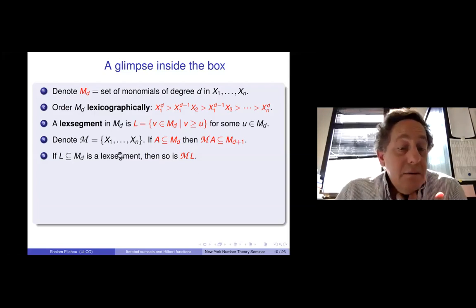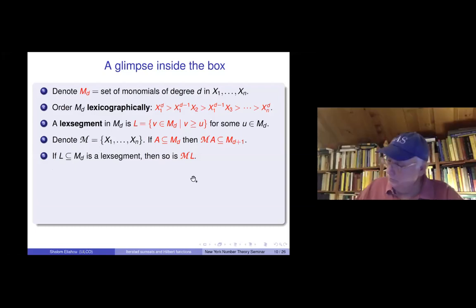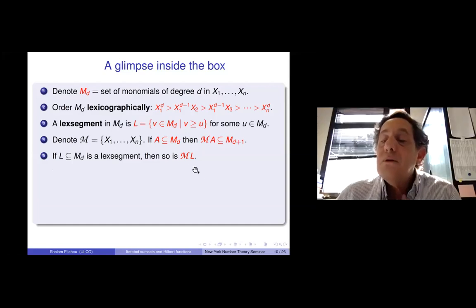And now, if A was a lex segment L, then you do this operation and it is easy to see that this gives you a lex segment of degree 1 more, but it's a lex segment again.